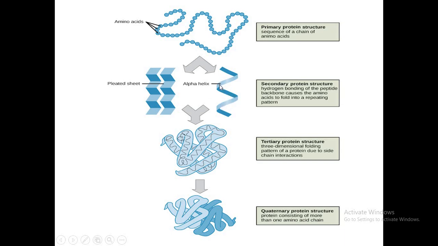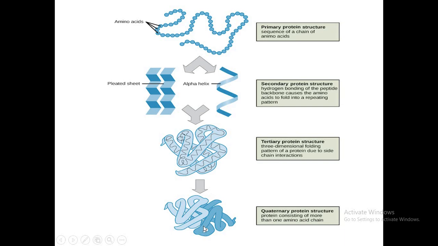For example, the alpha helix: in the alpha helix, the polypeptide chain has a recurring arrangement in the form of a coiling. So what is the tertiary structure of a protein? When the polypeptide chain having both alpha helices and beta sheets folds on itself in a 3D way, it is the tertiary structure of a protein.